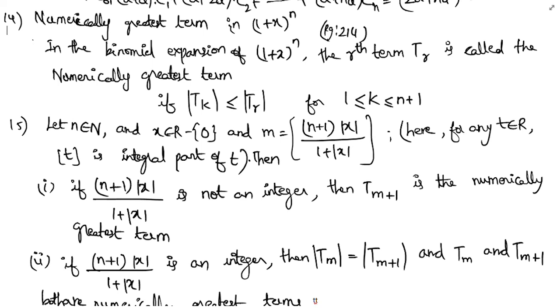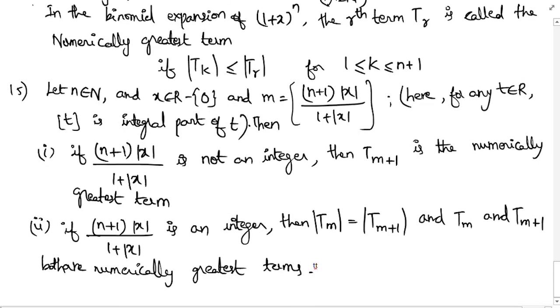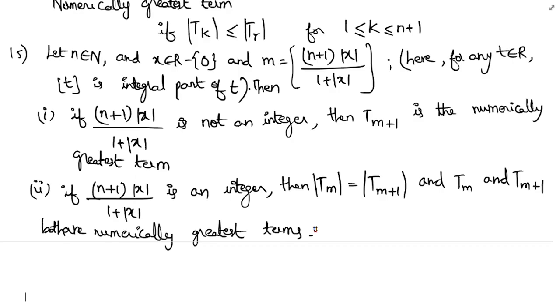Then if (n+1) into mod x divided by (1 plus mod x) is not an integer, then T(m+1) is the numerically greatest term. Okay, and if it is an integer, then mod of Tm is equal to mod of T(m+1), and Tm and T(m+1) both are numerically greatest terms. Okay, so students, these are the important formulas which we have to remember and which we'll be using to solve our problems.